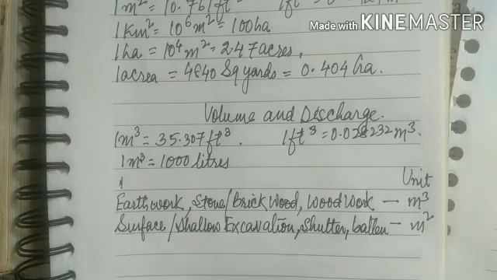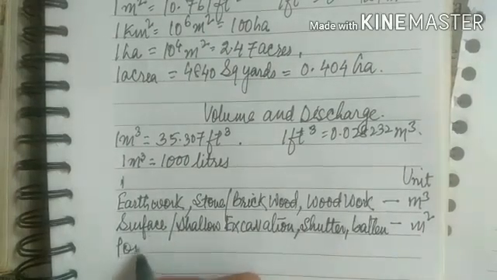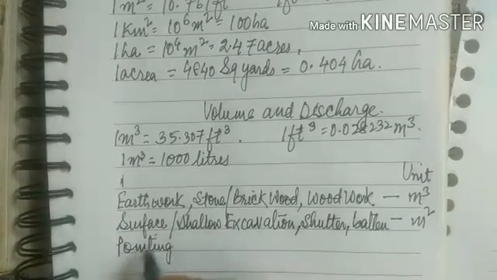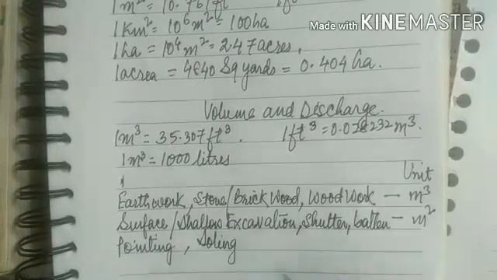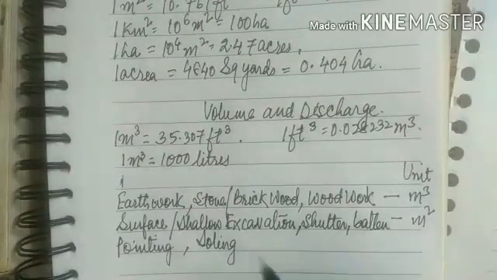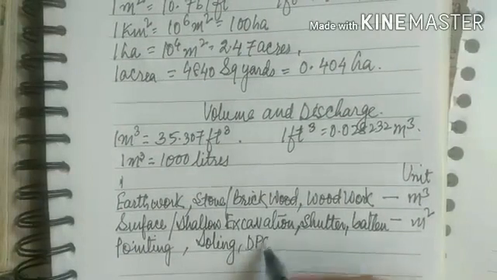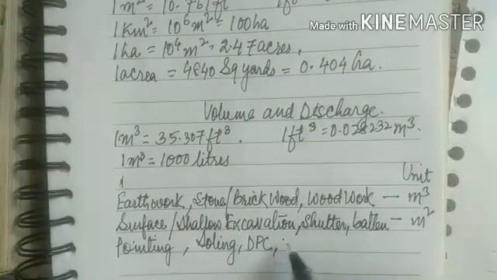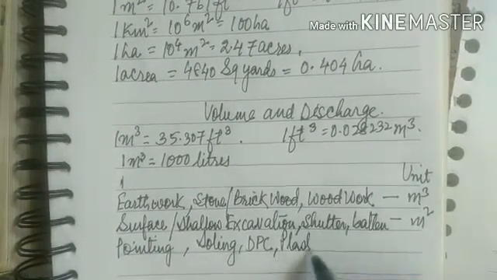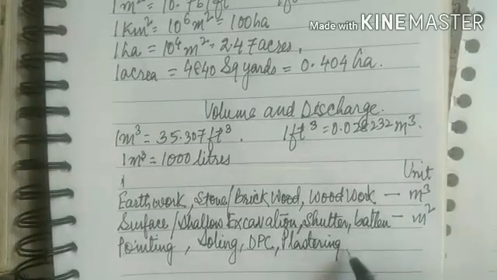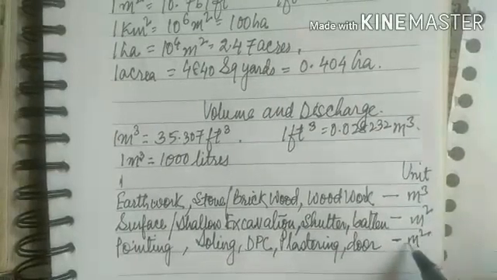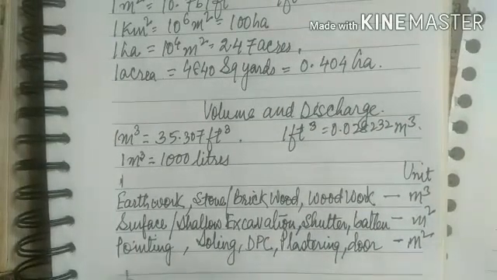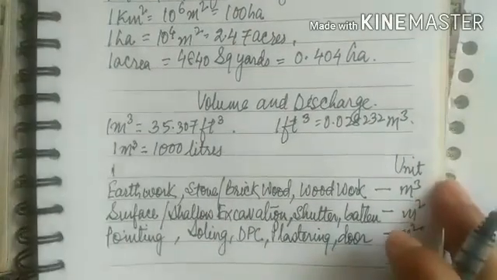Then there is the pointing we do when the plastering is done. Pointing, soling, when we crush the stones and small bricks, DPC, damp proof course, in the plinth levels. And plastering, you know very well, doors, windows, what is the unit of that? Meter squares. They are calculated in meter squares, and their payment is also given in meter squares.